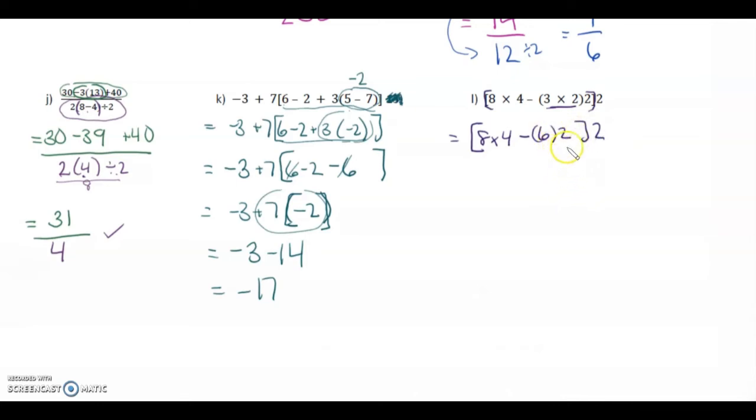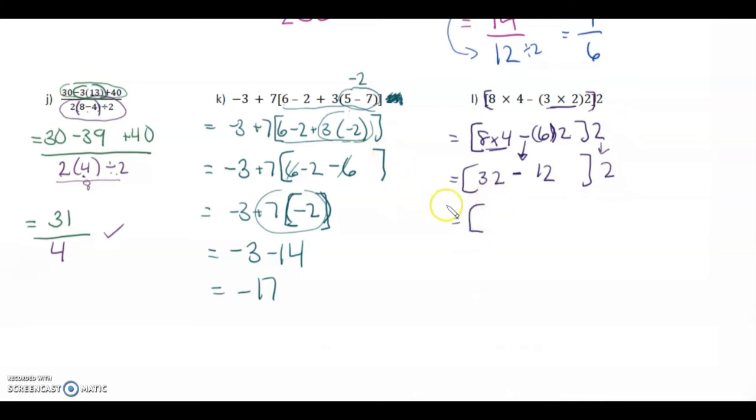Okay, and as a review, when a number is touching a bracket, it means multiplication. So in this big bracket, we're going to do 8 times 4, which is 32. We're going to bring down the minus sign, and 6 times 2, we get 12. Okay, and then just bring down the 2.